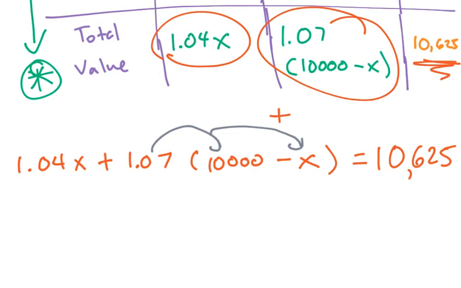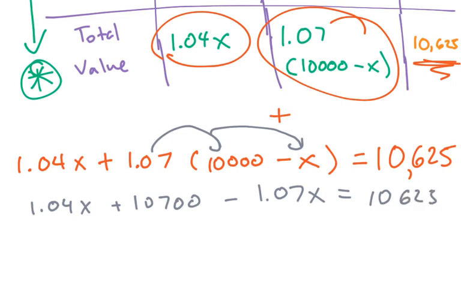So we get 1.04x plus 10,700 minus 1.07x equals 10,625. And then I'm going to look at this and say, hey, what can I put together? Well, clearly we can put these together, and we'll end up getting negative 0.03x.